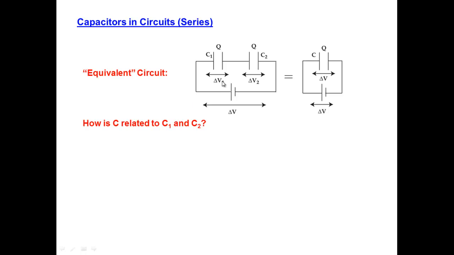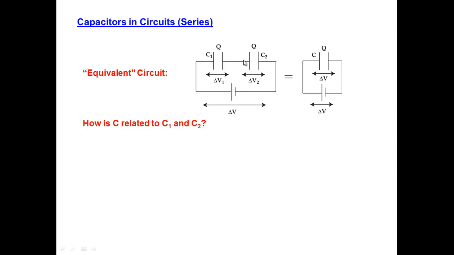Now, what we can do when we have capacitors in series or in parallel is construct what's called an equivalent circuit. And what this allows us to do, if we have a power supply and then two capacitors connected in series, is replace the two capacitors in a sketch with a single capacitor that has the same effect on the circuit as the combination of the two original capacitors have.